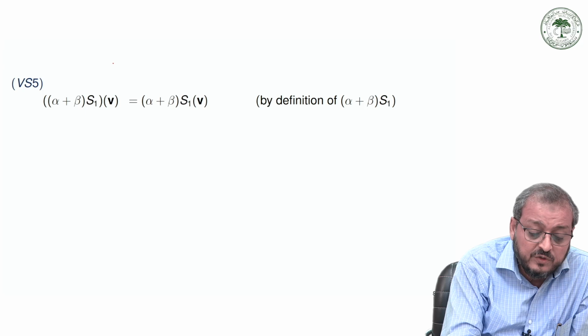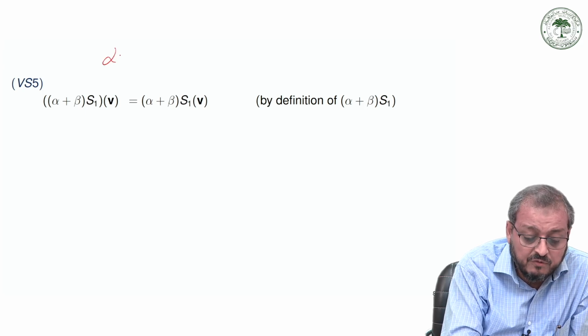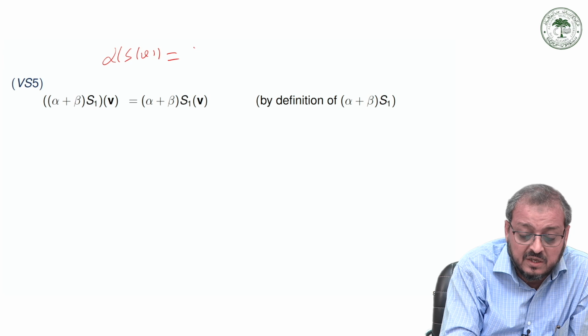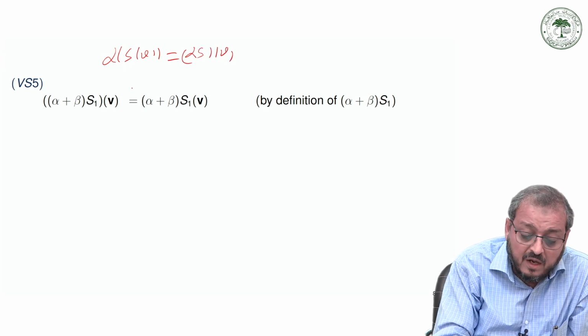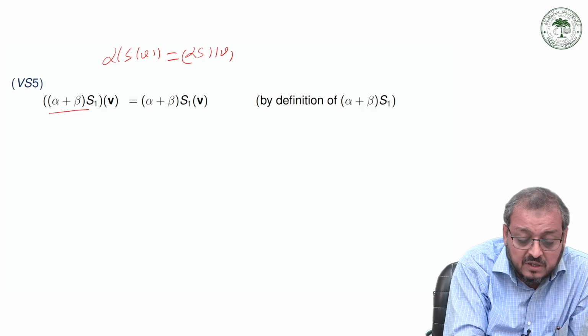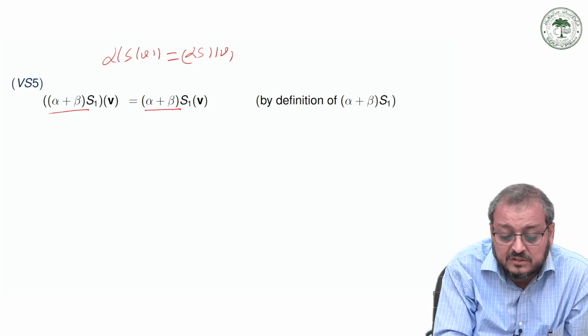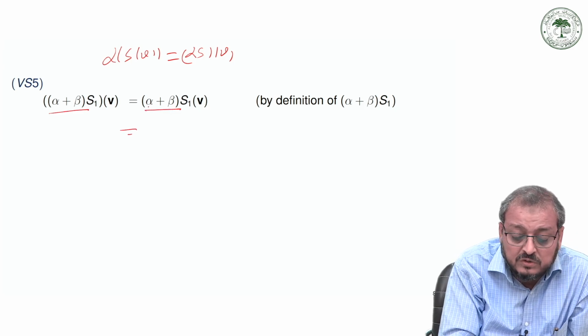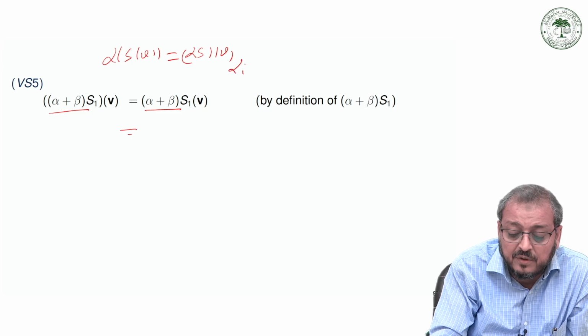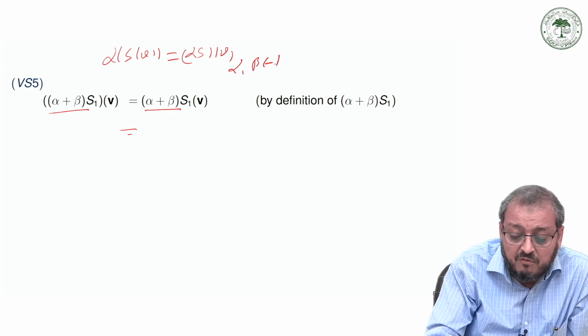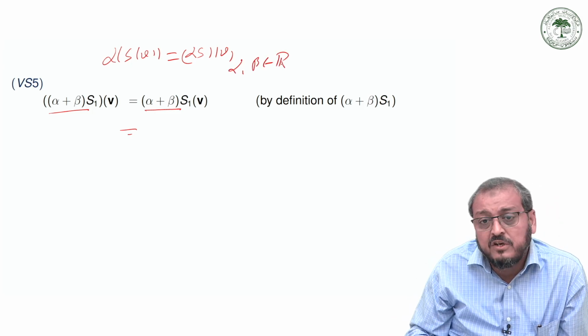Using this, we have to define the product: alpha times S of V can be written as alpha times S of V. Here alpha and beta are elements of a field, or we can take a real number here, the field of real numbers.